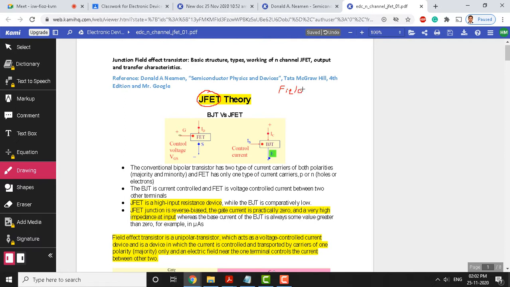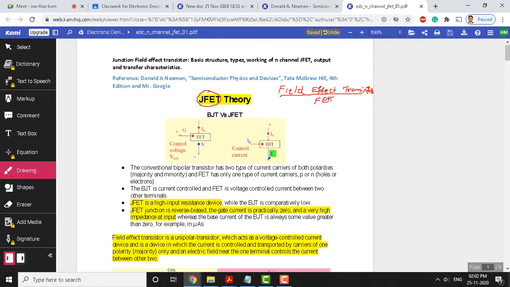Broadly, we have field effect transistor, which you can shortly call FET also.